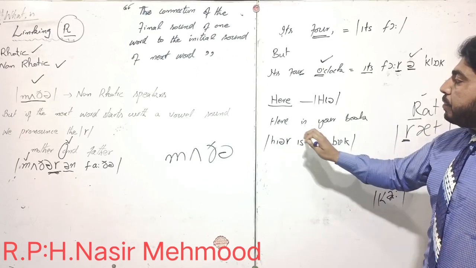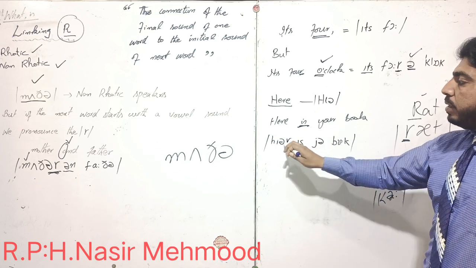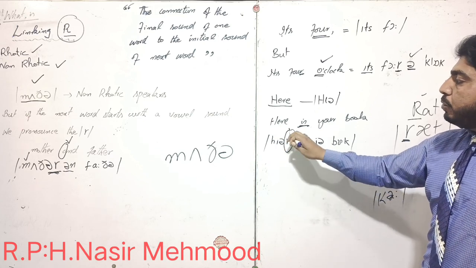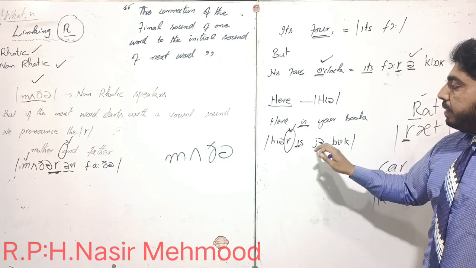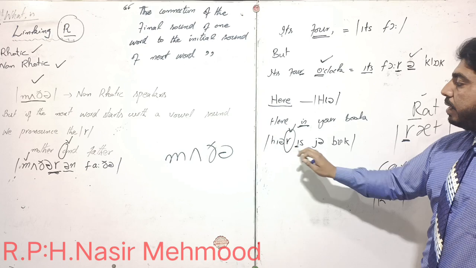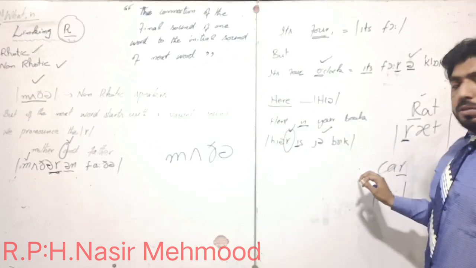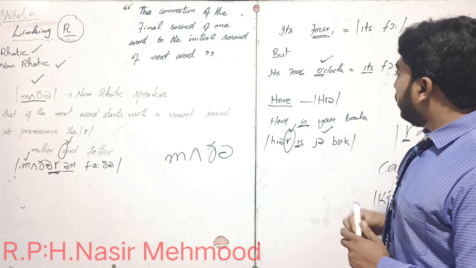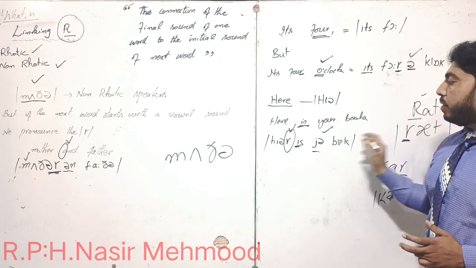Here, the next word starts with a vowel sound, so this is why we have used this linking R. So it becomes here is. The short form of your is your. Here is your book. This is not your; this is the short form. Here is your book.